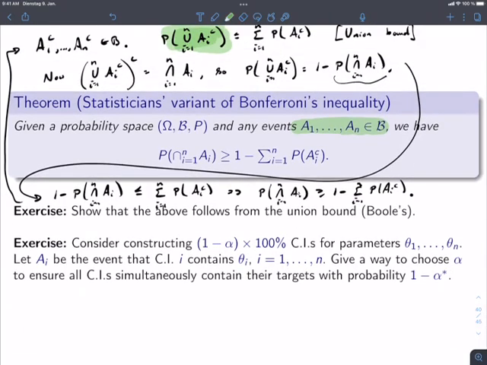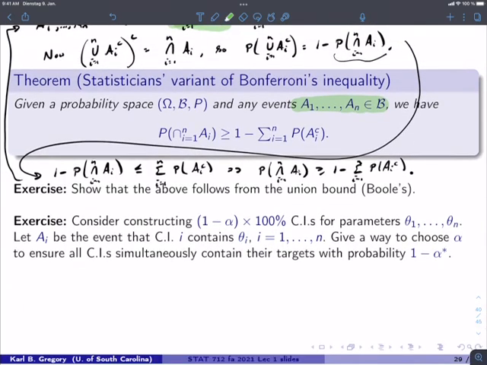When would we use this? We're not going to talk in this class about constructing confidence intervals, but this is something I think we're all familiar with. There's a pretty commonly used adjustment to confidence intervals called the Bonferroni adjustment, and it's based on this inequality.